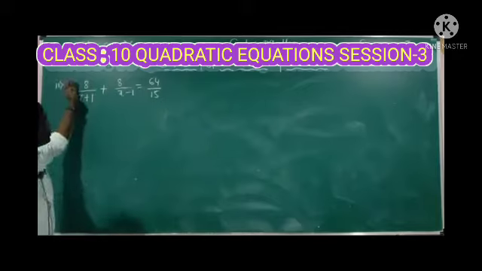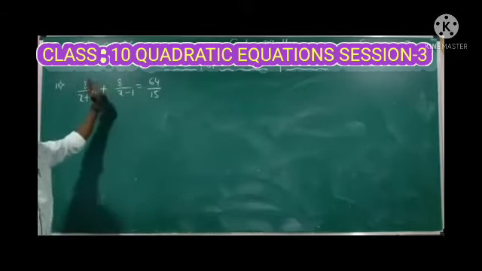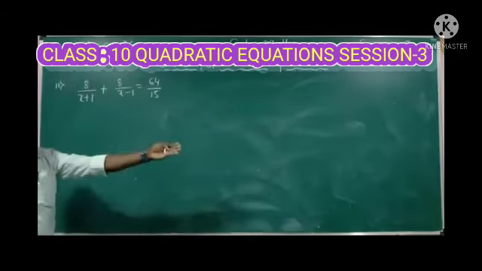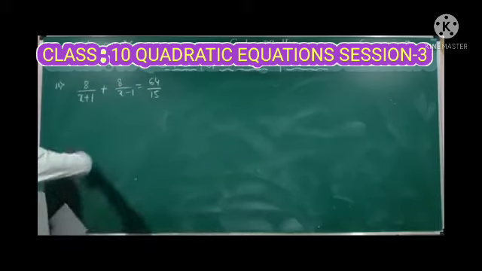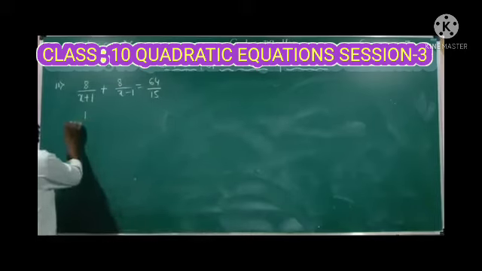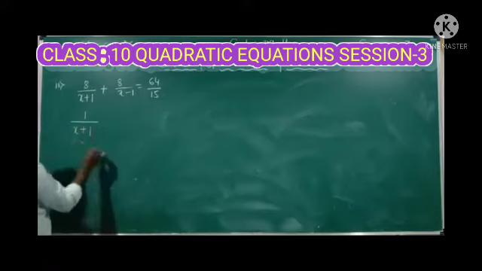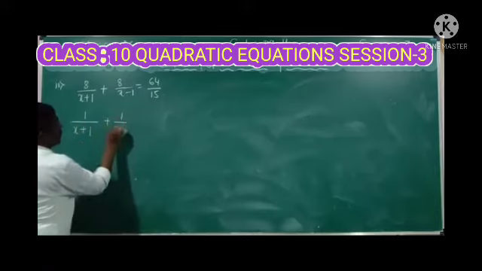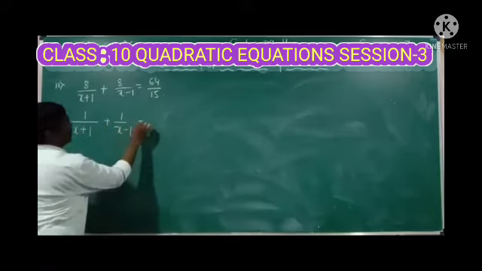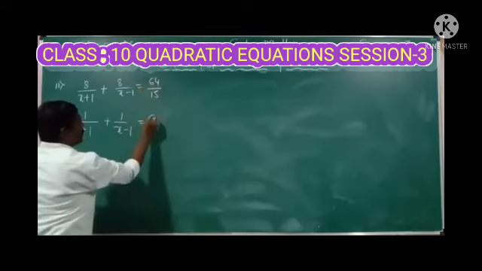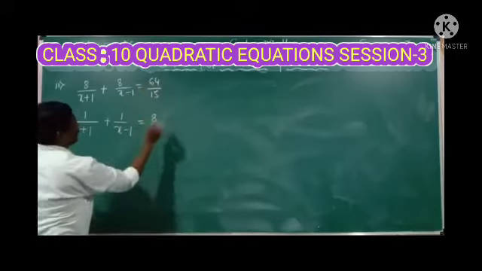So once we divide all these numerators by 8, we can also write this equation in simplest form as 1 by x plus 1 plus 1 by x minus 1 is equal to 8 8s are 64, so 8 divided by 15.